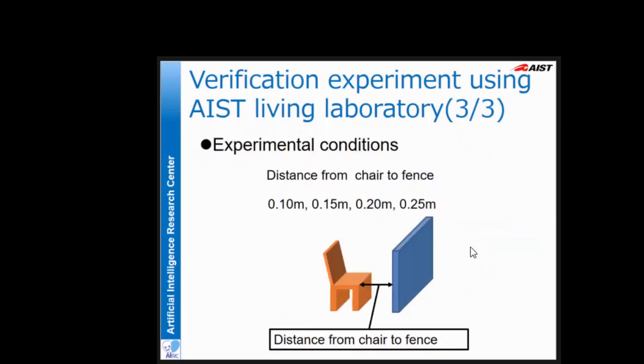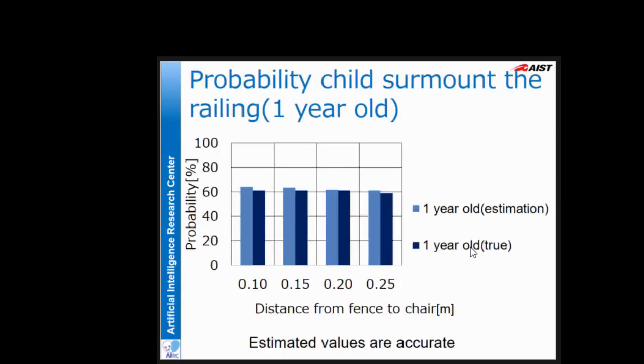The experimental conditions were from 0.1 to 0.25 meters from the chair to the fence. The result of the experiment is shown in this slide. This is an example for 1 year old. As you can see, the estimation and true values are almost the same. This means the estimated values by Kinect are accurate.